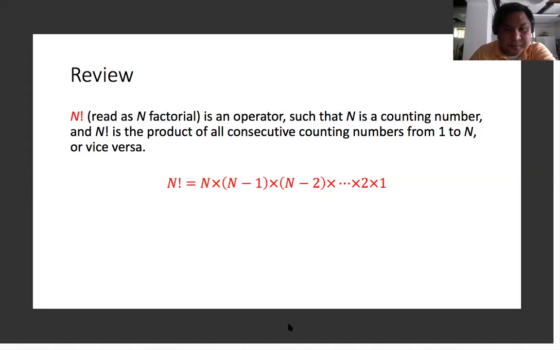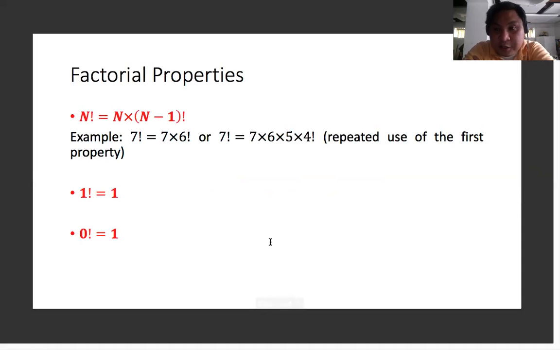Right? Okay, so here are some factorial properties for us to look at. Now, these factorial properties may make our calculations easier, especially if we do not have the technology necessary to compute for a factorial. Okay, so n factorial is also equal to n times n minus 1 factorial.